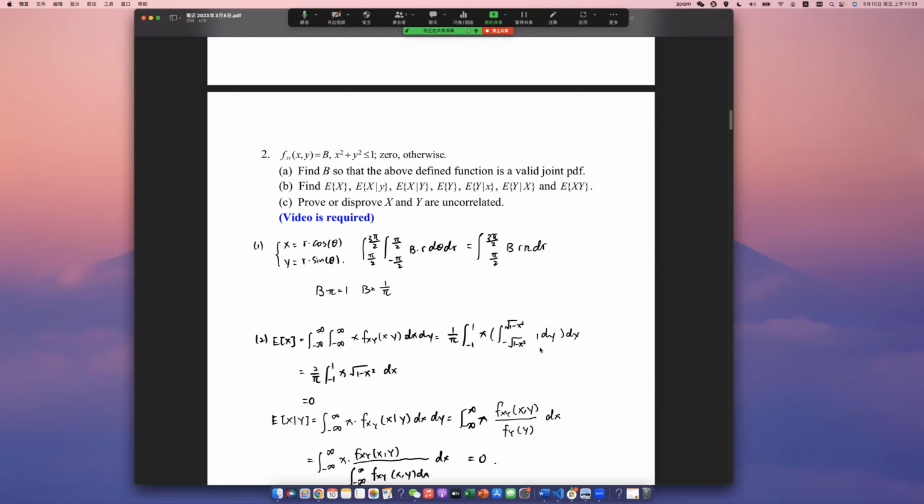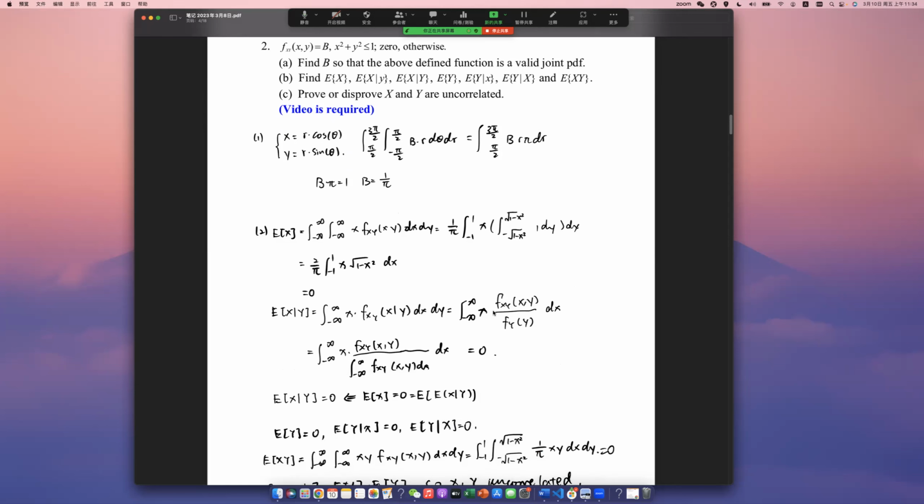And the expected value of x given y equals the integral from negative infinity to infinity of x times f(x given y) dx dy, which equals the integral from negative infinity to infinity of x times f(x,y) over the integral from negative infinity to infinity of f(x,y) dx, which equals 0.